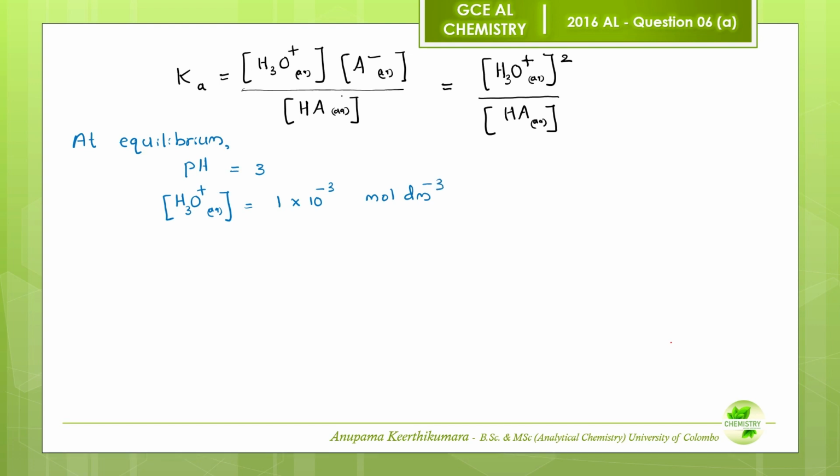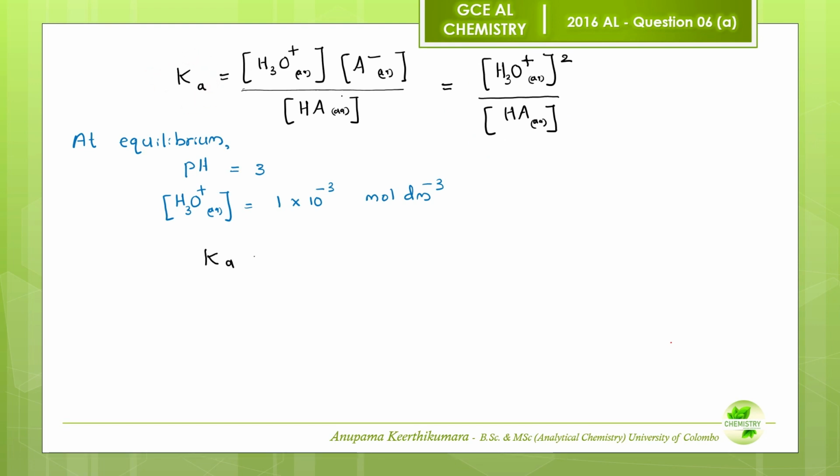Now, we know the concentration of H3O plus at equilibrium as well as the concentration of the weak acid at equilibrium. Therefore, by substituting values into this equation, we can find the value of Ka.